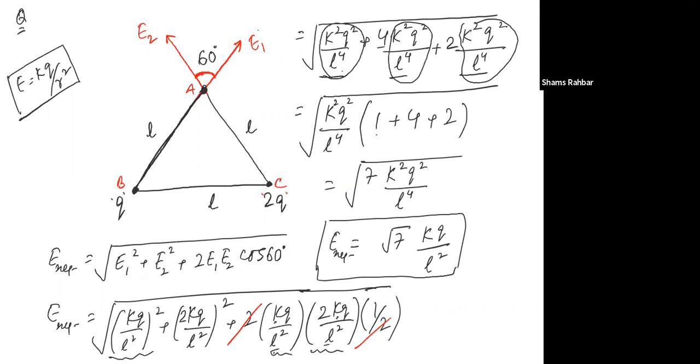If there is more than one charge, to find the net electric field at any given point, you will first check the direction of electric field. If the charge is positive, the direction of electric field will be away from the charge, and if the charge is negative, the direction will be towards the charge. After that, you will find the electric field using the formula KQ/R². Once you have calculated that, whatever electric fields you get, you will add them vectorially. Clear?